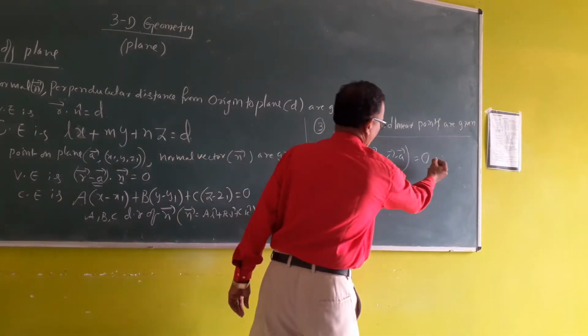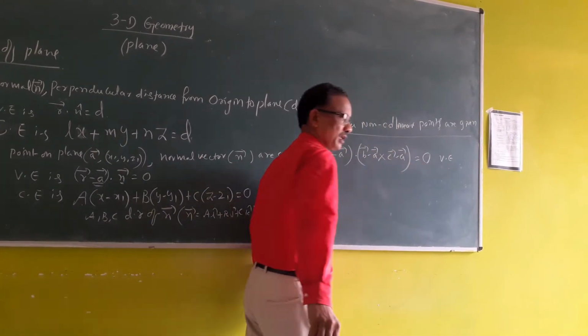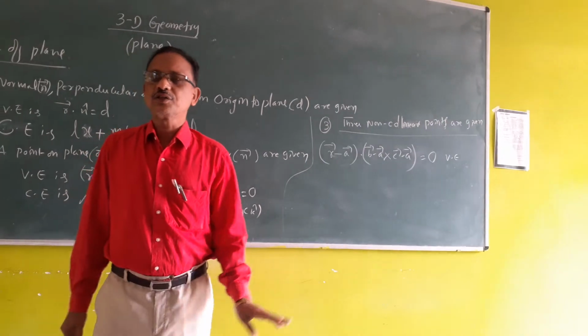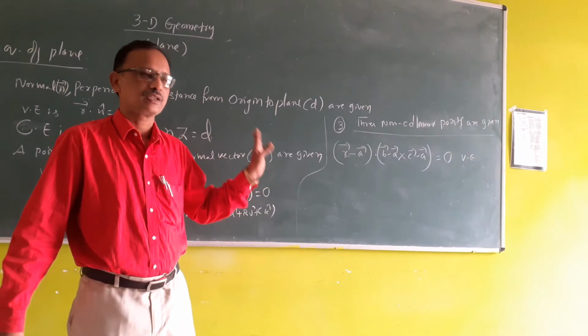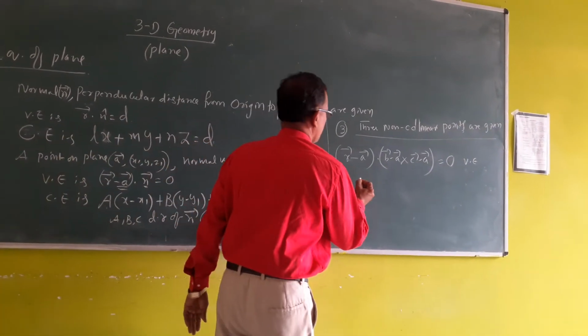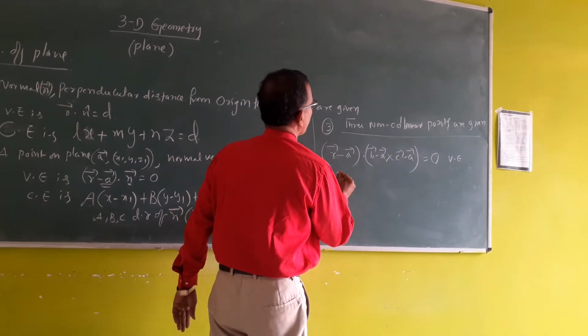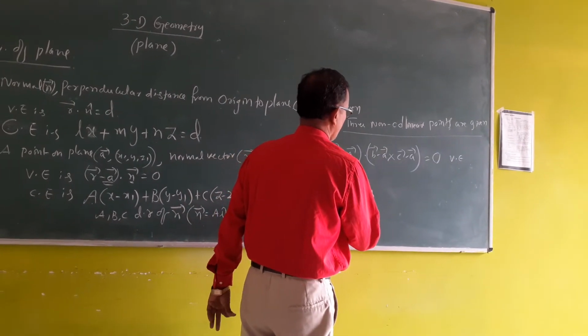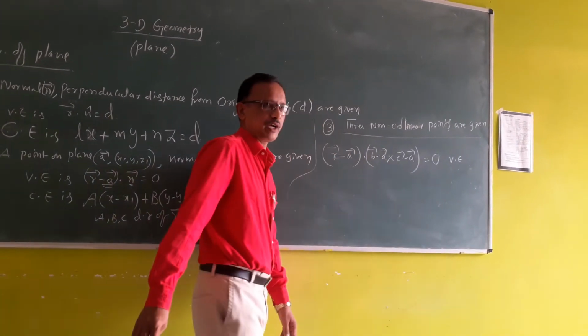This is vector form, vector equation. Next, what is the Cartesian equation for this? This is the triple product.